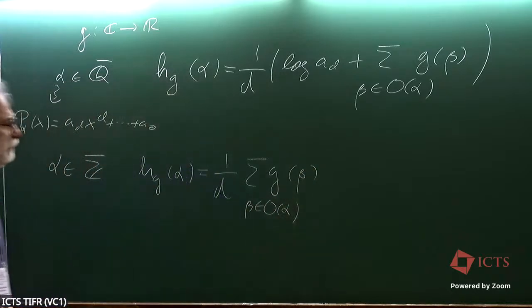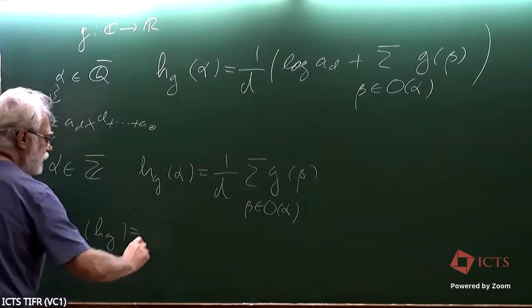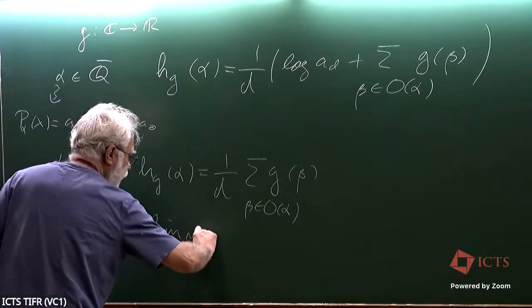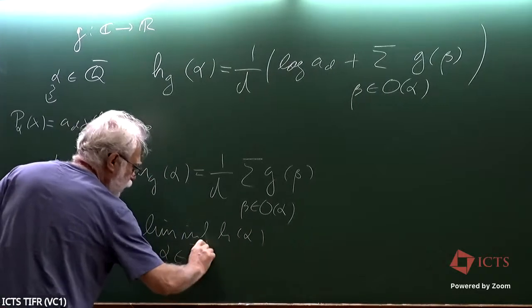Then we define the essential minimum of the height function as just the lim inf of h_g of alpha for alpha inside Q bar.